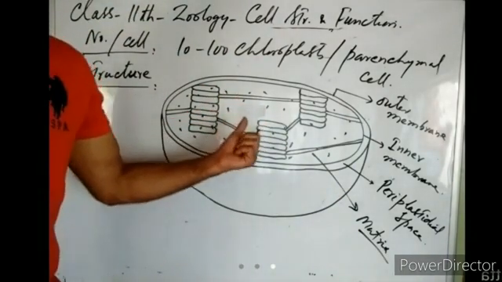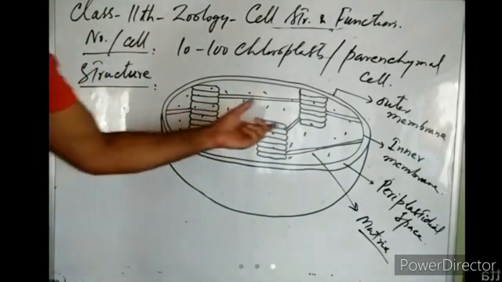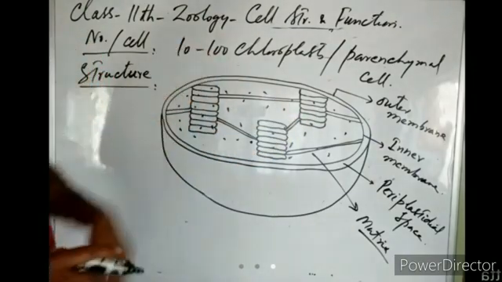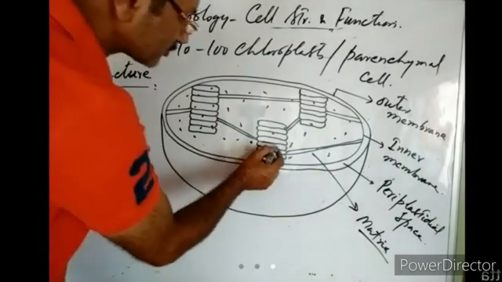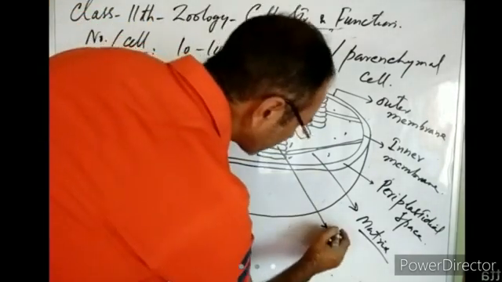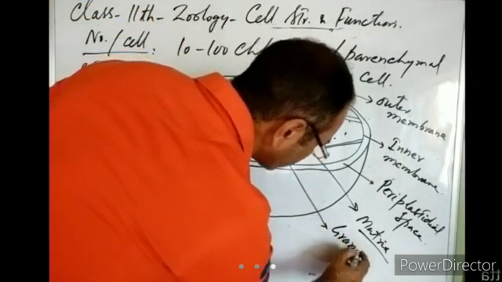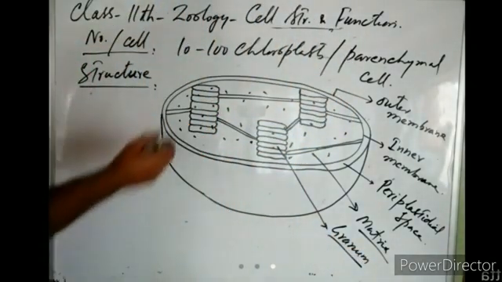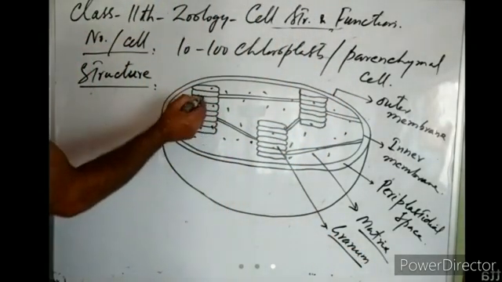So in the matrix of this chloroplast, we find some stacks of sac-like structures. These stacks of sac-like structures are known as grana. The singular is granum. Each granum is formed of these sac-like structures.